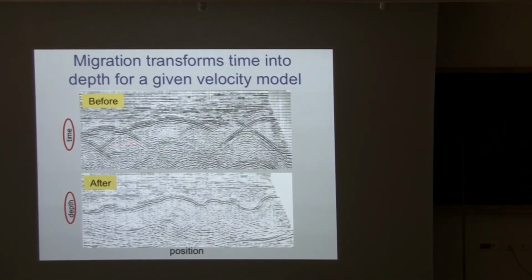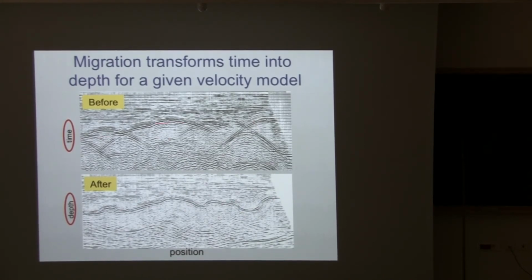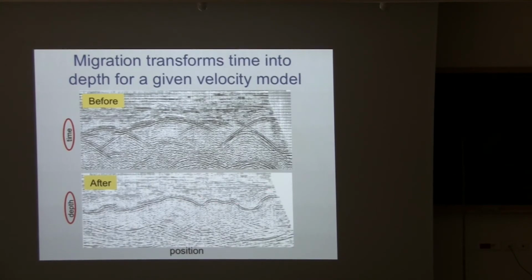Here is an example. Here is some time section of some various reflectors. It all looks like diffractors, so some localized objects here. When you do migration, you essentially see that there is this undulating surface, and if you don't do migration, well, you couldn't really see this type of interface here very well.